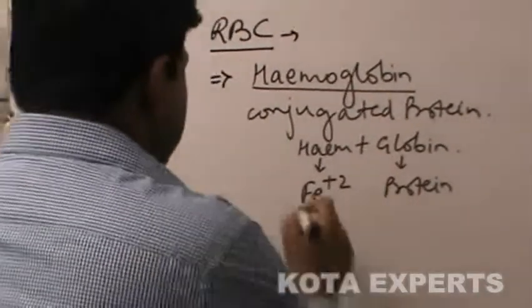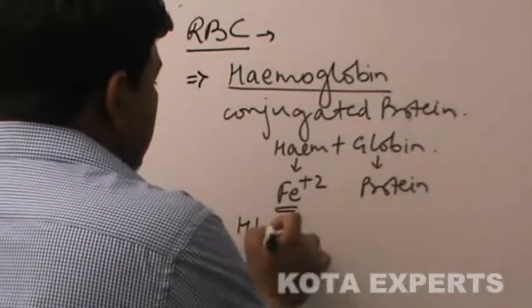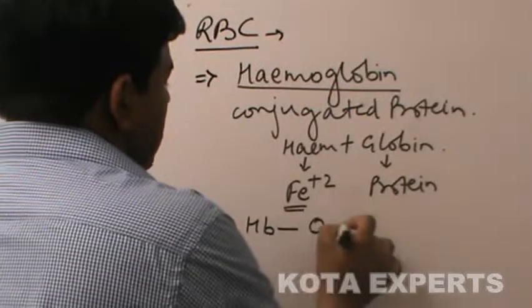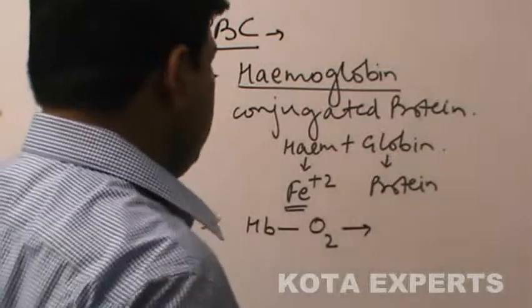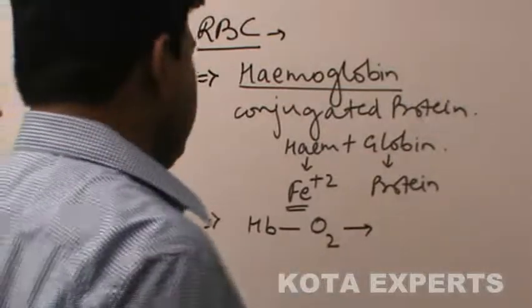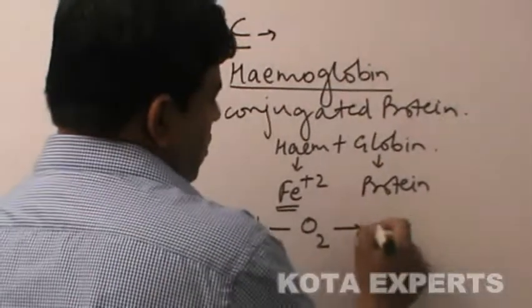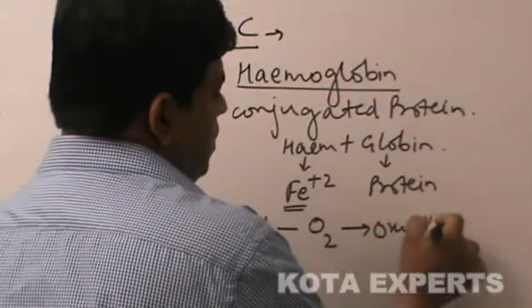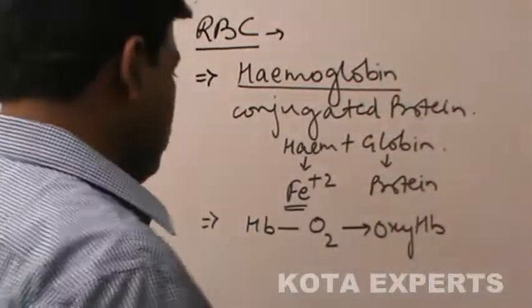Now here when hemoglobin forms a bond with the oxygen, the product is oxyhemoglobin.